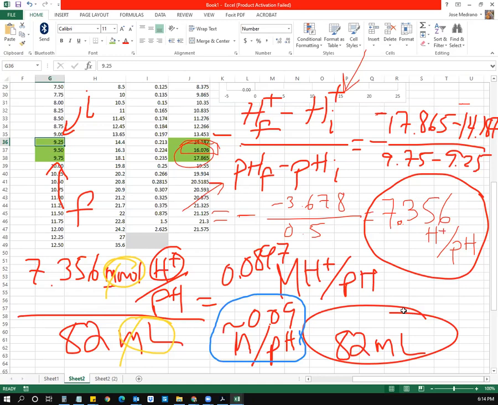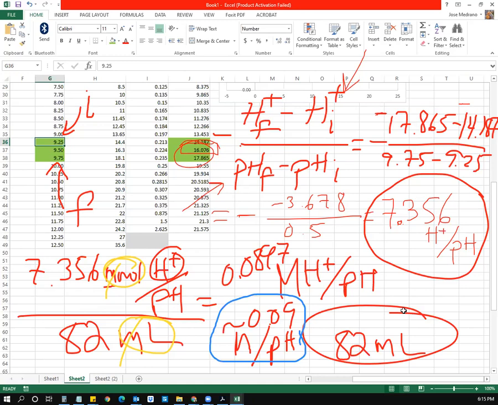Here we're calculating about 0.09 molar titrant per pH unit. It's saying the same thing: this is how much we need to change the concentration of the titrant to change the pH by 1 unit. And these are pretty close estimations to the theoretical buffer capacity. They're in agreement with one another, and so this is pretty good.